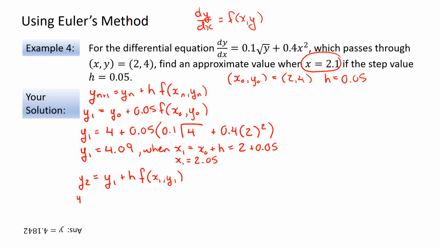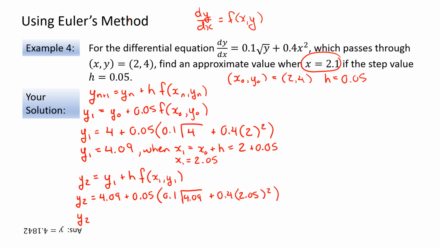So substituting our values in, we get y2 is equal to y1, which is the point we just found, 4.09, plus our step value, 0.05, times our function, 0.1 times the square root of y1, which is 4.09, plus 0.4 times our current x value, okay, remember, which is 2.05 squared.